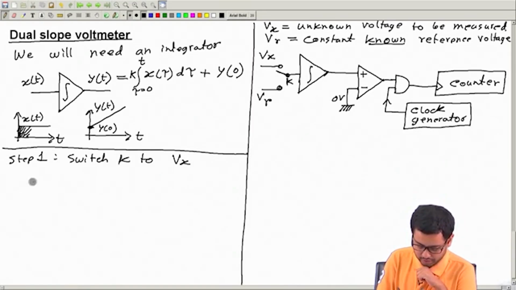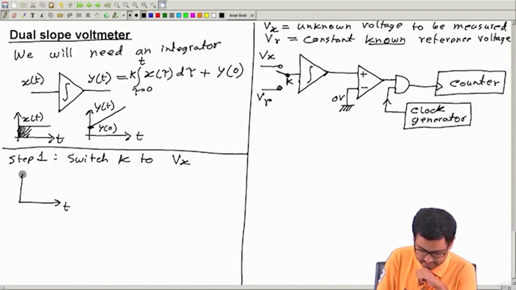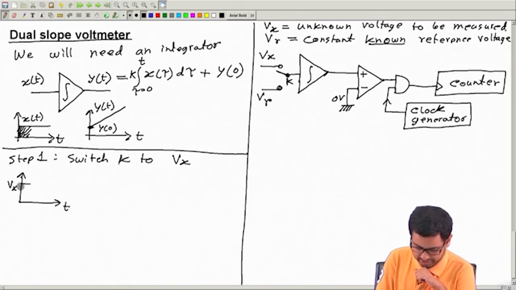So what will happen if this is Vx, which is constant?